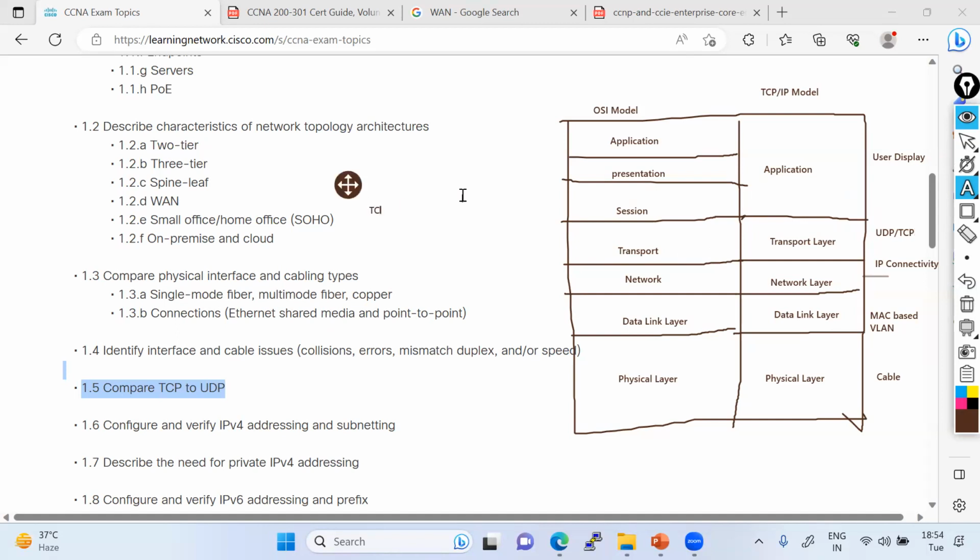TCP stands for Transmission Control Protocol, and UDP is User Datagram Protocol.